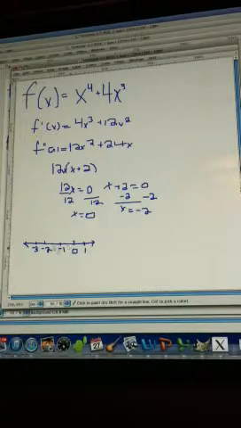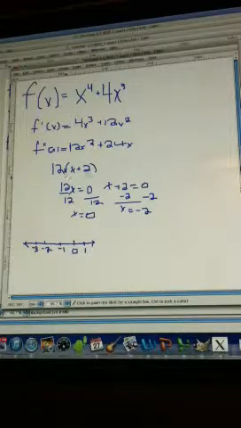First, you plug negative 3 back into your second derivative after it was factored out.